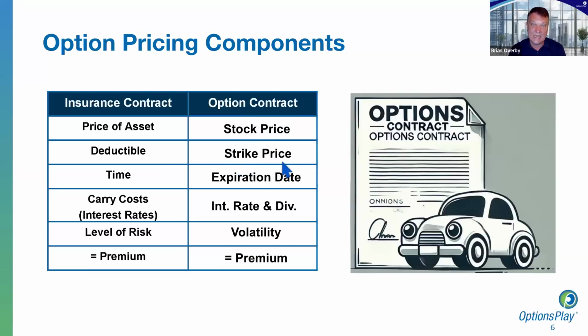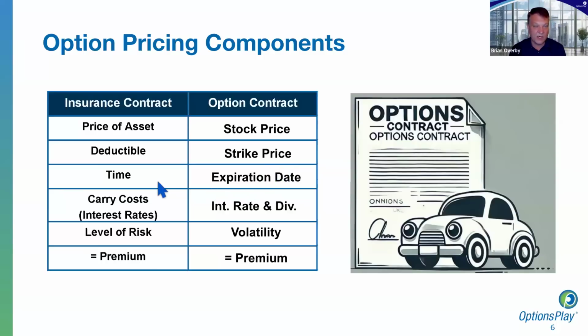We talked about a stock being at 90 and you buy an 85 strike put. Well, guess what? You're buying the $500 deductible on your 100 shares of stock. From 90 down to 85, you have that risk, and then from 85 on down, you can grab that stock that you own and put it to somebody at 85. So in that world, that would be the $5 deductible or $500 deductible insurance contract.